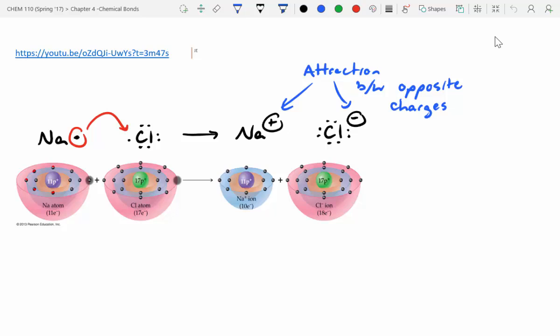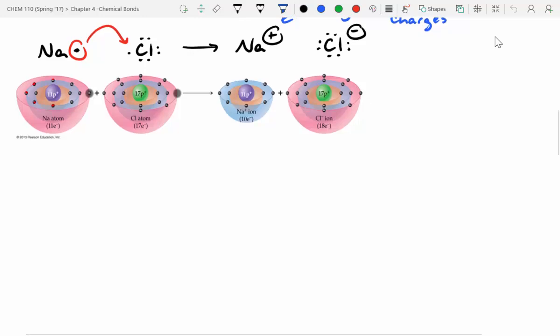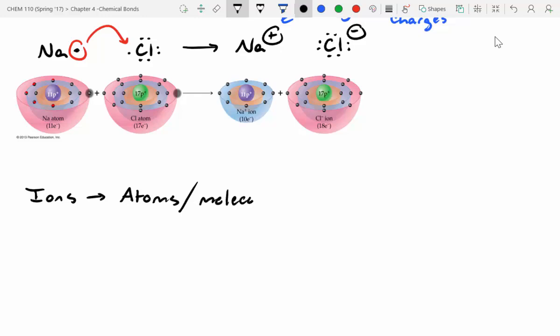Okay, so we said previously that sodium has a positive charge, chlorine has a negative charge. These are referred to as ions because you've got extra or not enough electrons. So ions are atoms or molecules with a charge.